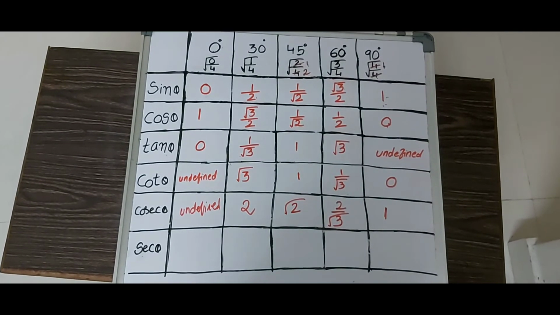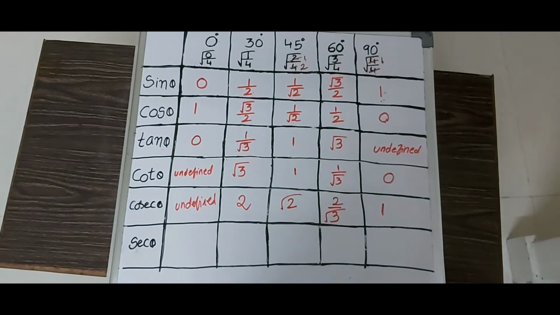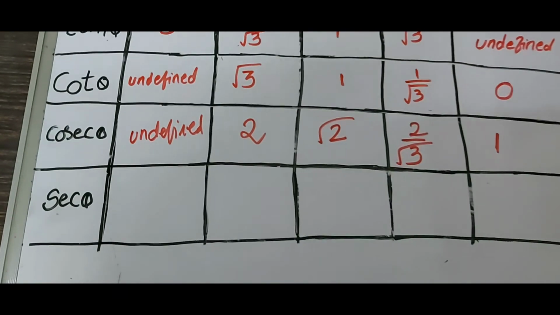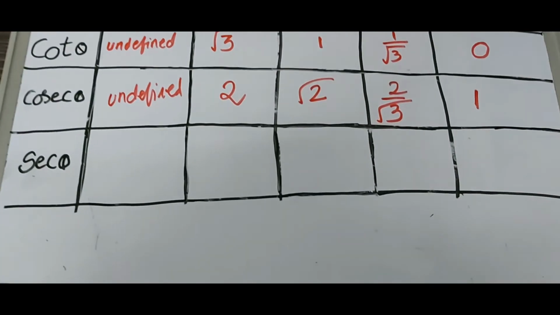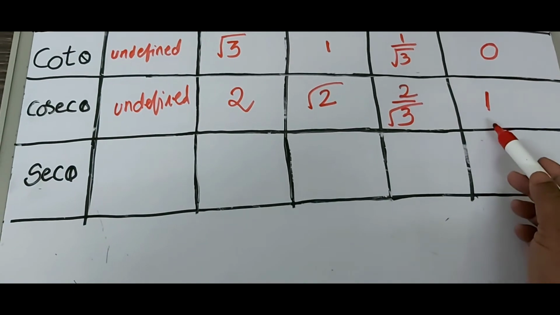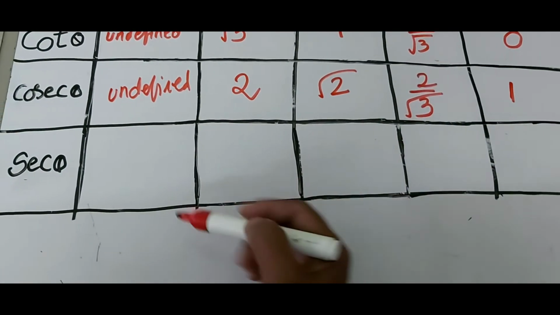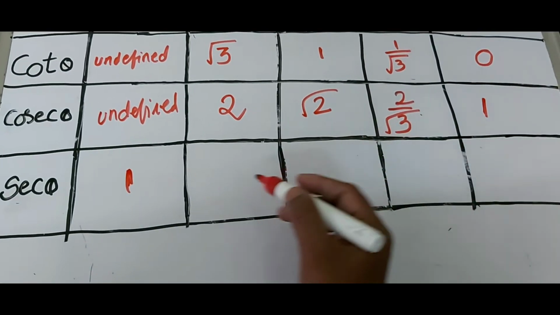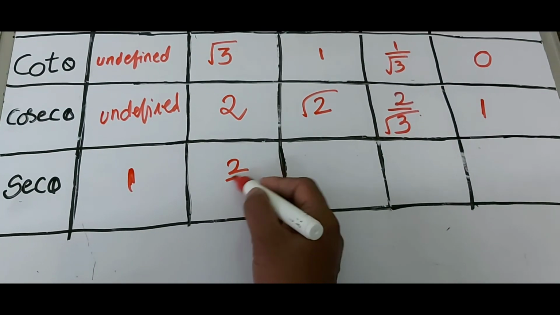Finally, we need to get the values of secant theta. To get the values of secant theta, we just need to write cosecant values in reverse order. So 1 will come in the beginning. 2 by root 3 will occupy the second position.